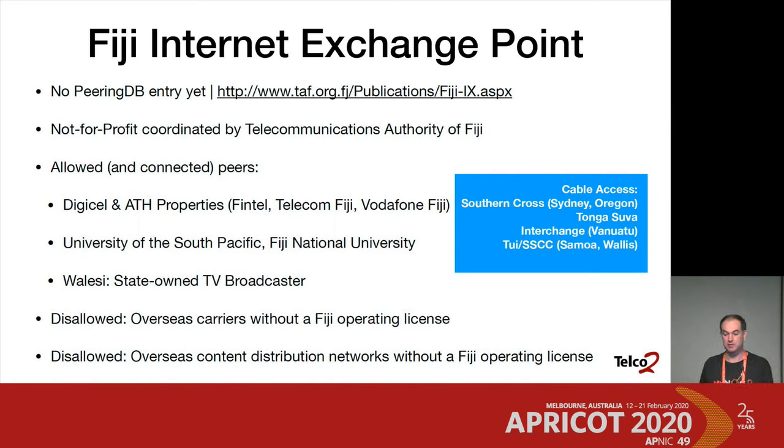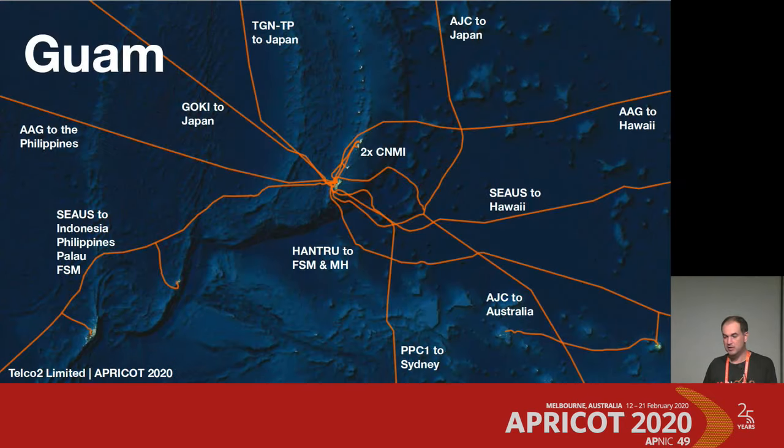They're the biggest peers at the Fiji IX. University of South Pacific and Fiji National University are also peered. State-owned TV broadcaster, which is really run out of the TAF office, is also peered. And yes, as I said, overseas carriers are not allowed to peer in Fiji right now, and overseas CDNs, if they don't have a Fiji operating license, are not allowed to peer. That's just how that works.